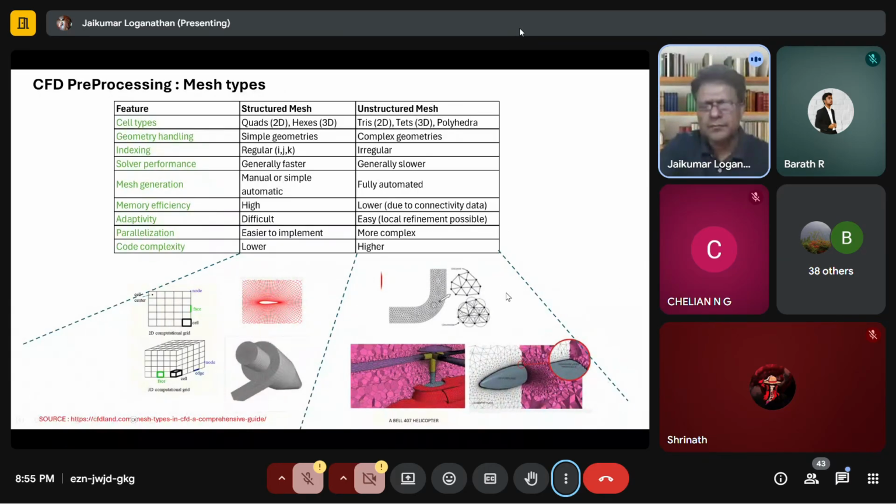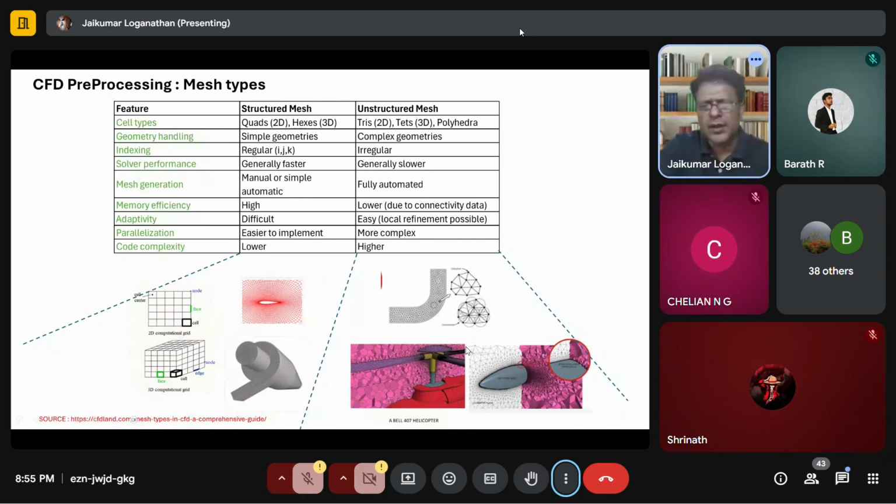So that is one. Another thing is it's very difficult sometimes to create a structured mesh for a very complicated geometry, right? It is not impossible, but it takes a lot of time. So that's where the unstructured mesh becomes very handy, because the unstructured mesh is very highly automated.